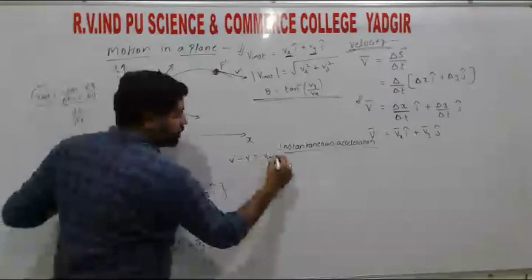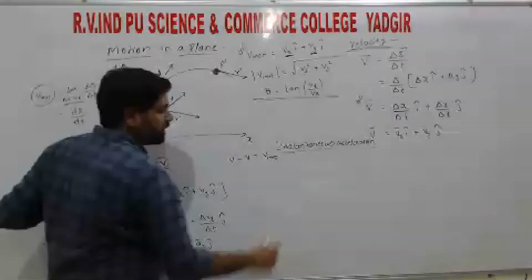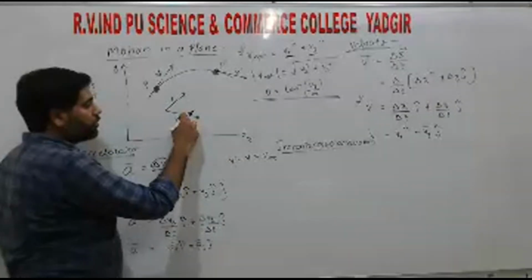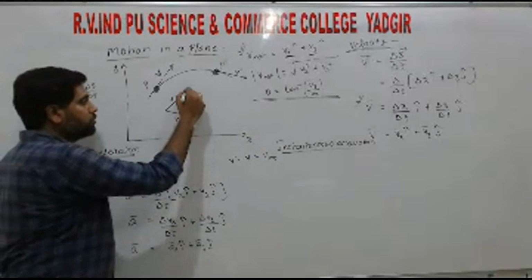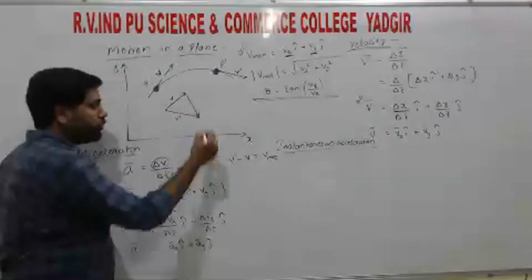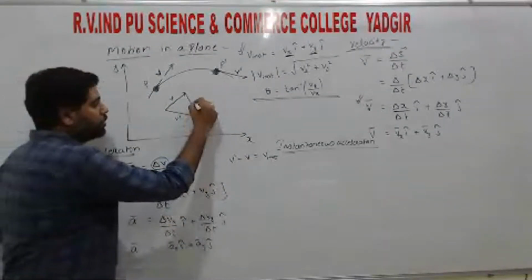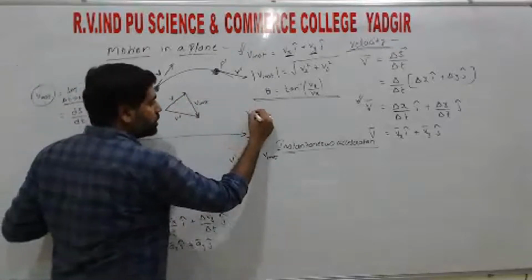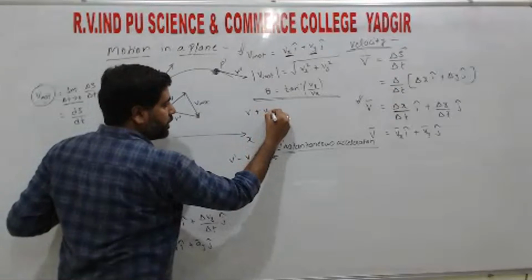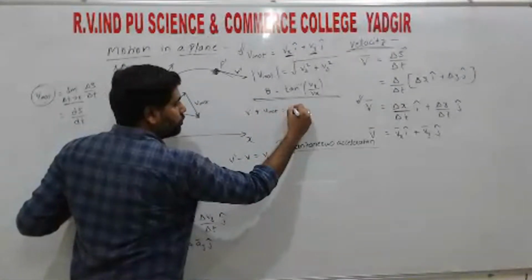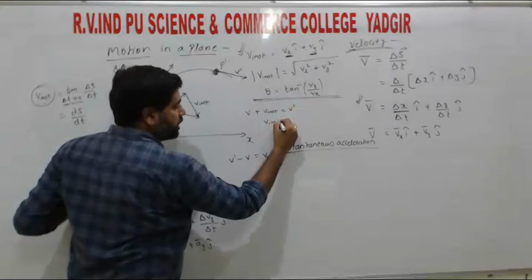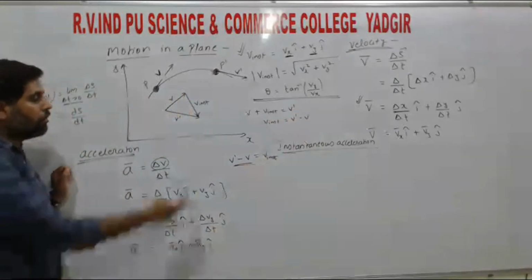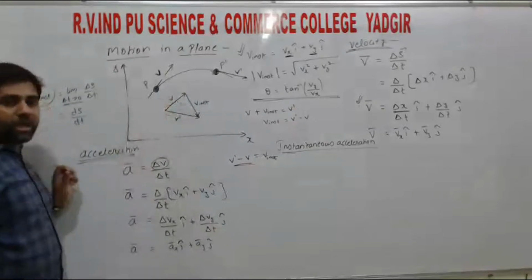For the change in velocity V dash minus V, in which direction should the result be? The result should be in this direction, right? So V instantaneous. If I apply the triangle of addition, observe here, V plus V instant is equal to V dash. So V instant is equal to V dash minus V, the final velocity minus initial velocity.